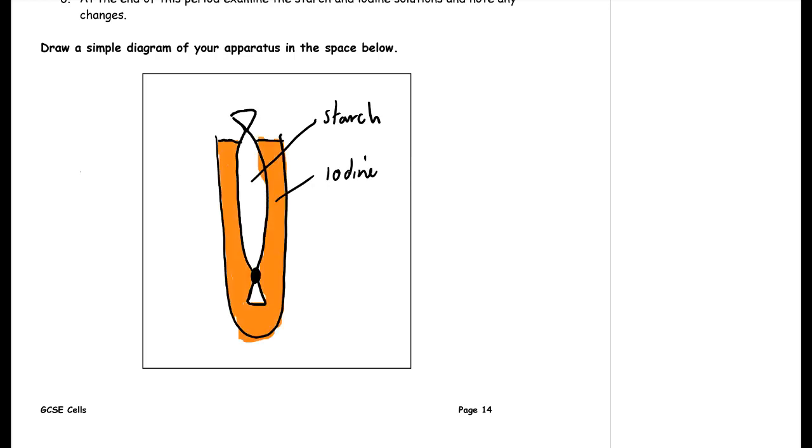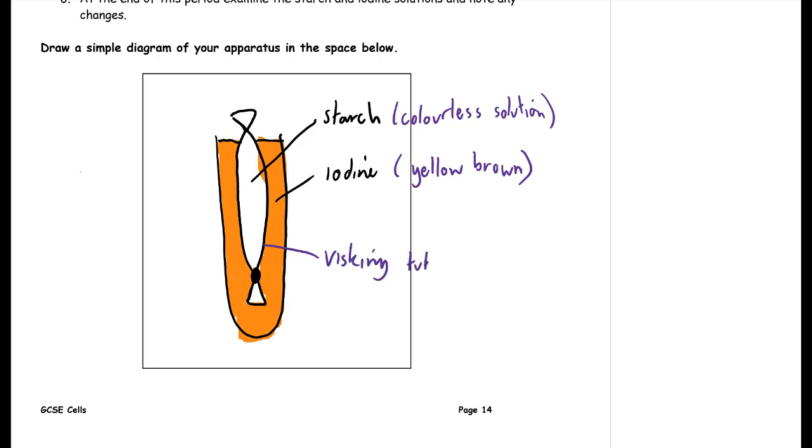Now the iodine is dilute, but it's still yellow-brown in colour. The starch is just a colourless solution here. And this is the dialysis tubing, which, remember, has the little holes in it and is semi-permeable.